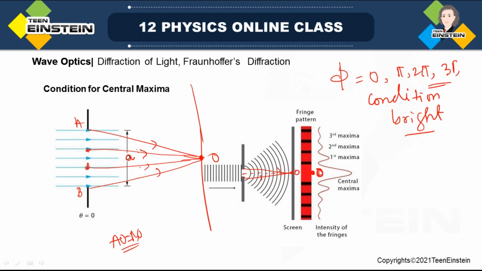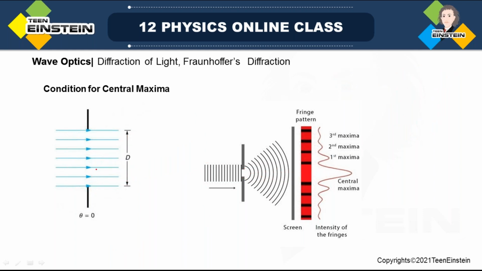Then one light from here, one light from here, one light from here, like that, they will meet in the middle region. In the middle region, the light goes from each point on the slit. Each point on the slit will have the same path difference, as you can see from here.